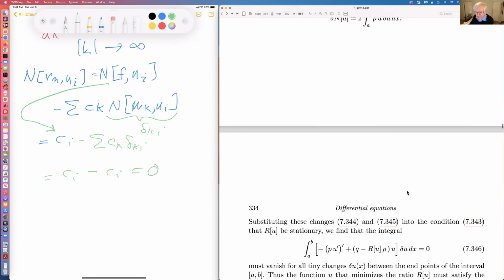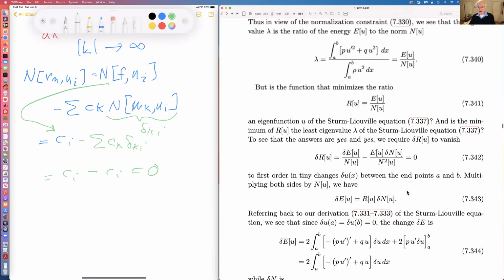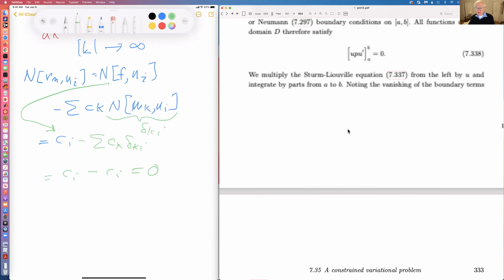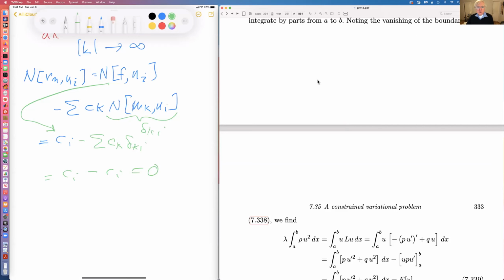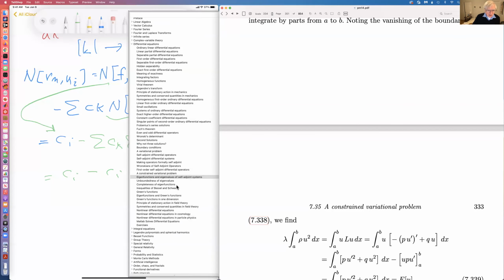Let me just say what section that was. It's section 35, a constrained variational problem. So it's the section right before where I started class today.